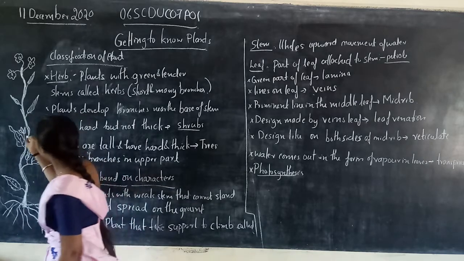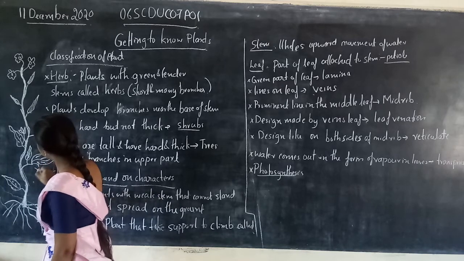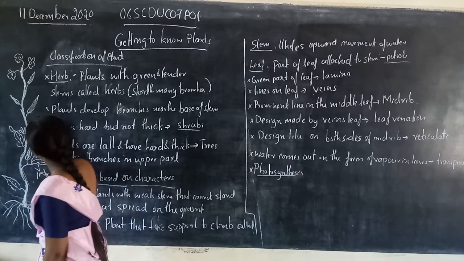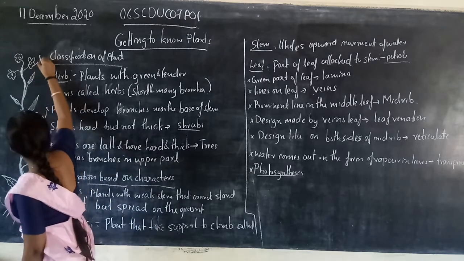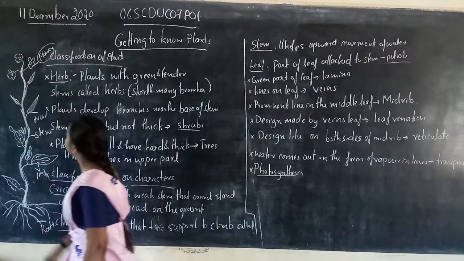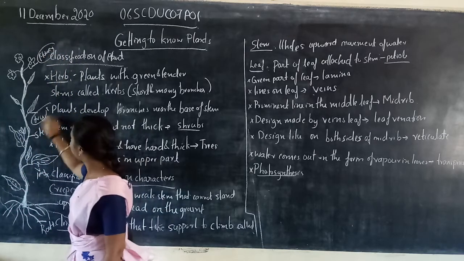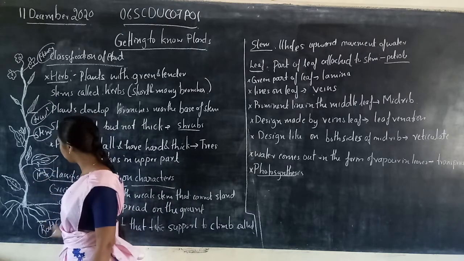These are the stem. Then this one is a leaf. This is a fruit and this one is a flower. So these are the parts of the plants: flower, fruit, stem, leaf, and root.